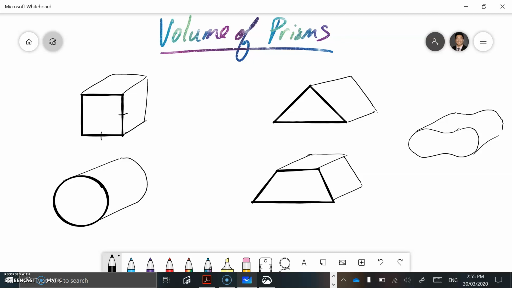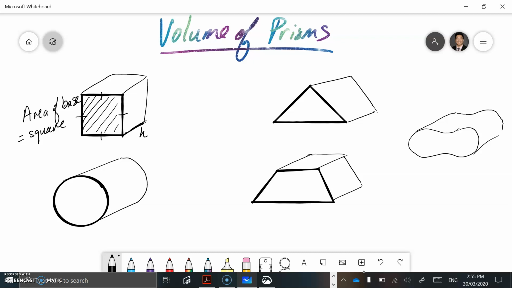This side here can go as long as possible, but here we've got a square, so you want to get the area of the base. And the area of the base is a square here. And we're going to multiply by the height.